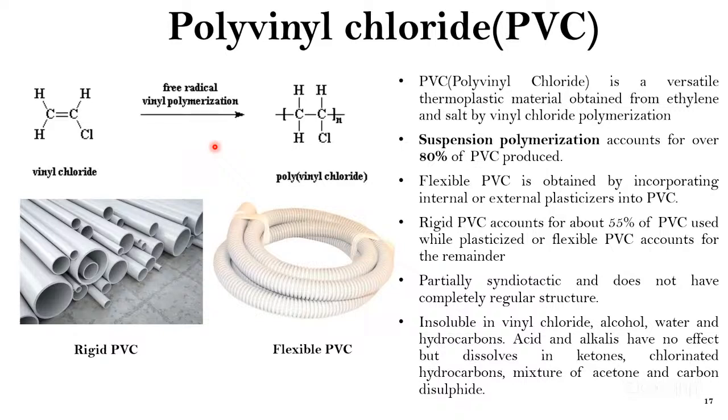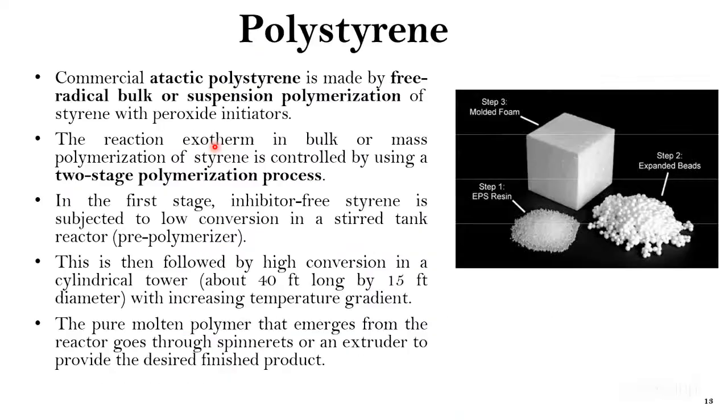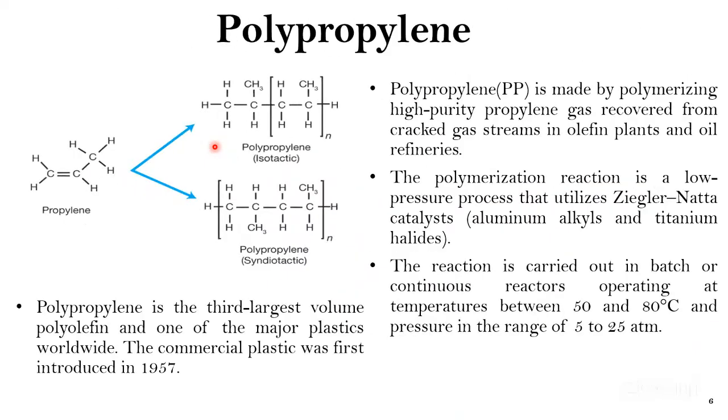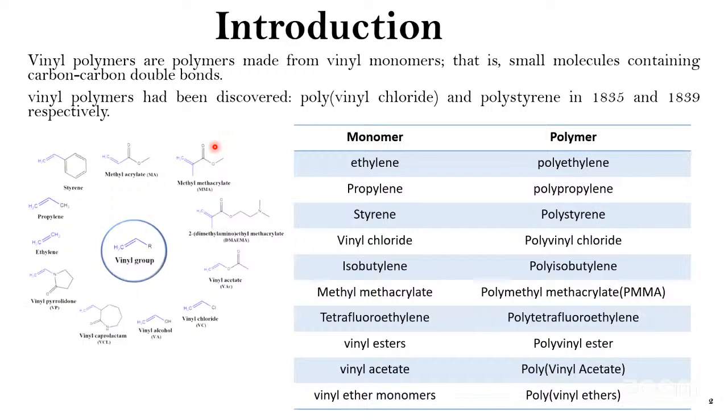And due to that functional group, if you look at this first line, this is your functional group, and this will decide the properties of your polymer. And according to the property, we have the application.